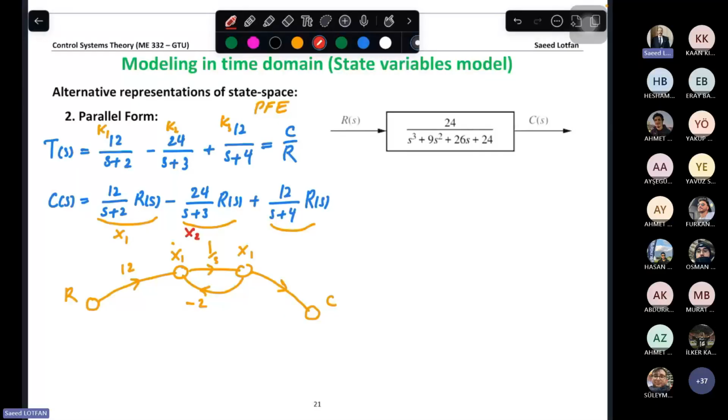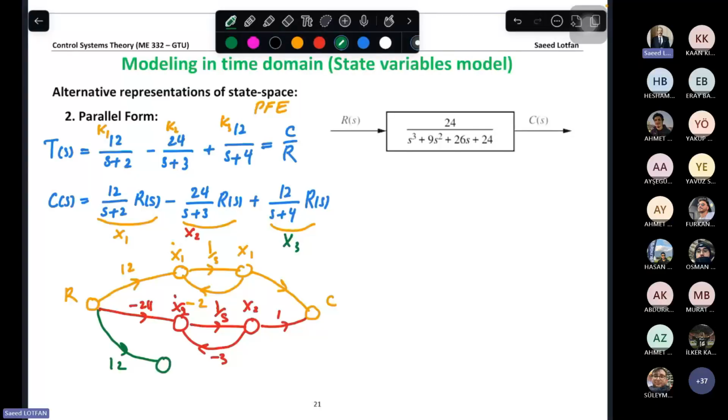X2 is like minus 24R minus 3 x2, x dot 2, 1 over s. And if this is x3, minus 4 x3, 1 over s, x dot 3, and this is 1.